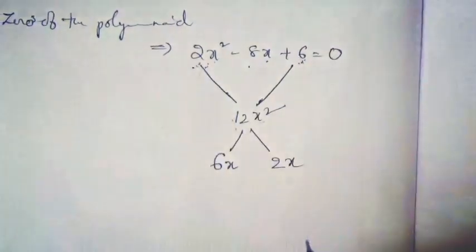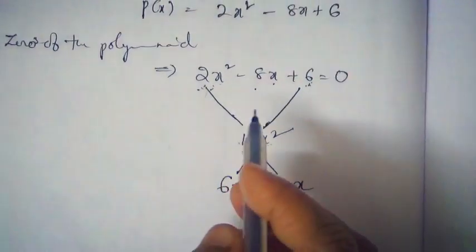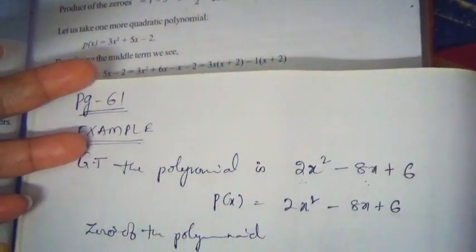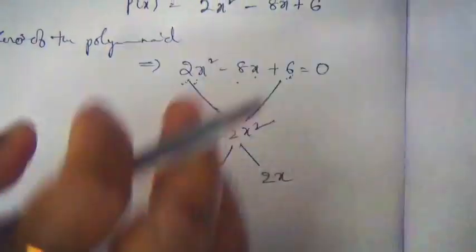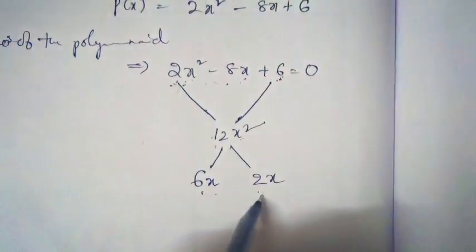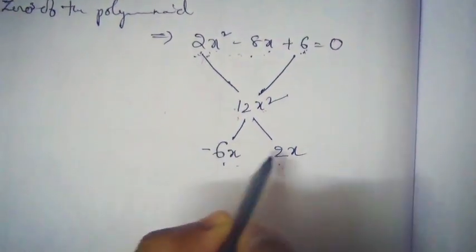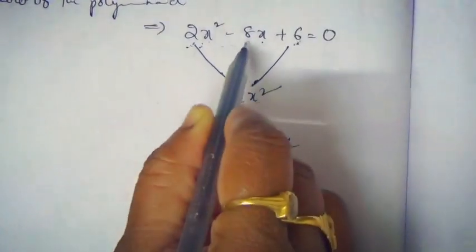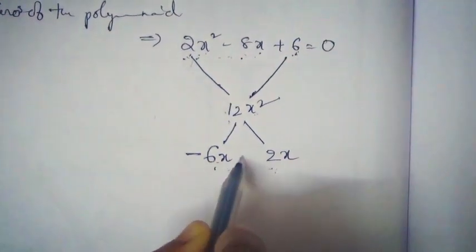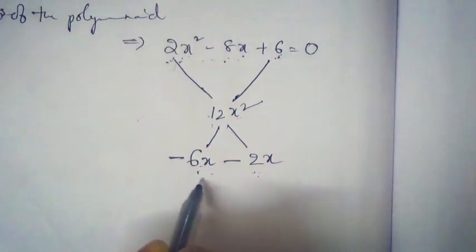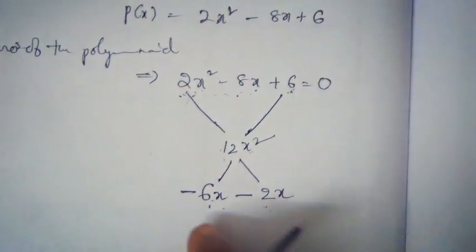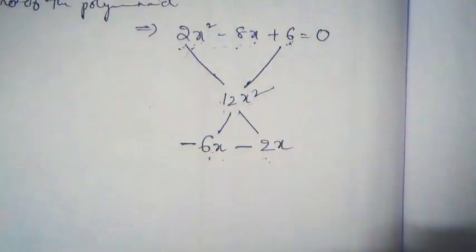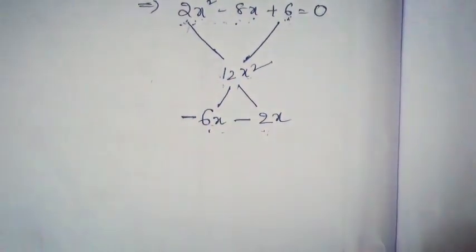The negative number minus 8 has to be obtained by the sum of these two. By adding these two we will get 8, but keep the minus sign for both of these numbers. Minus into minus is plus, 6 twos are 12, x into x is x square.